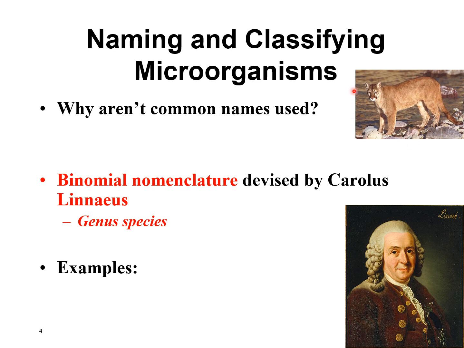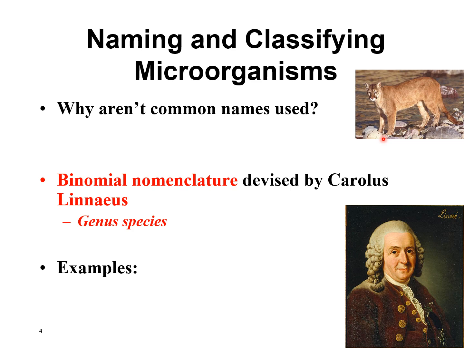I'm sure that you may have come up with names like mountain lion or cougar, and depending on the area of the country you're in, some people might also call this a panther, and other areas of the country might also call it a catamount, which is kind of a strange name.